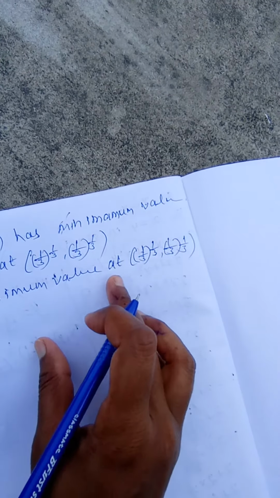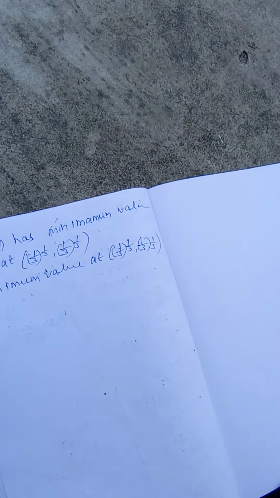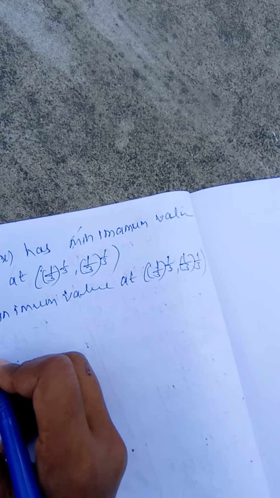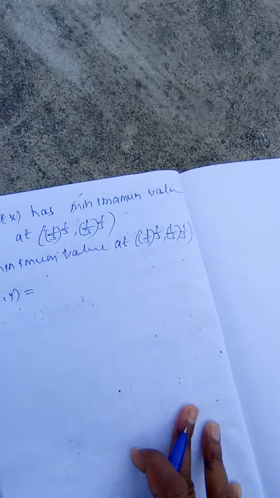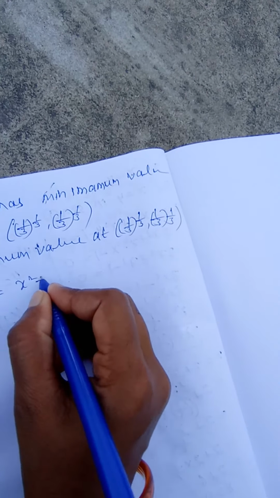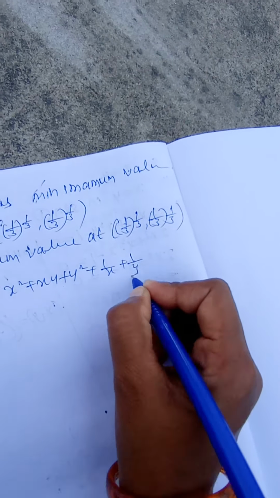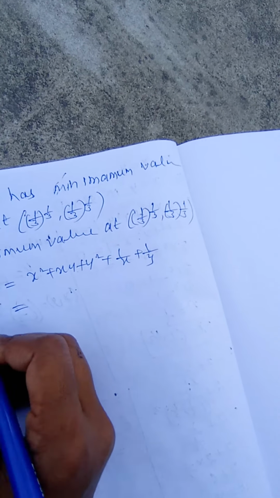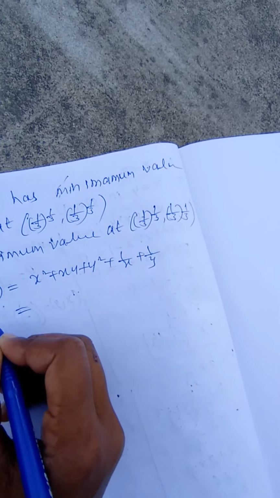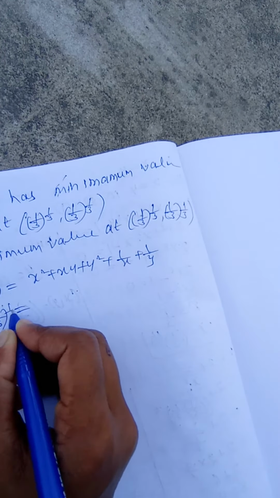For minimum value, substitute this point in the given function. So given function f of x comma y equals x square plus xy plus y square plus 1 by x plus 1 by y. So substitute x is (1/3)^(1/3), y is (1/3)^(1/3).